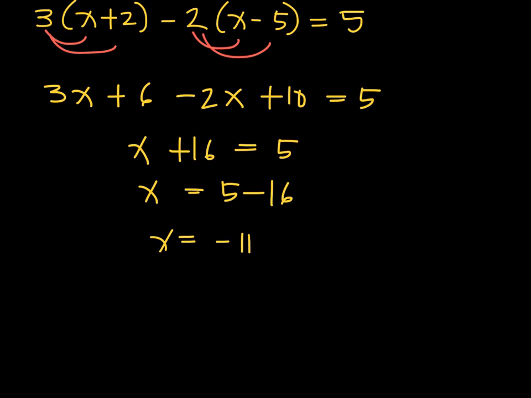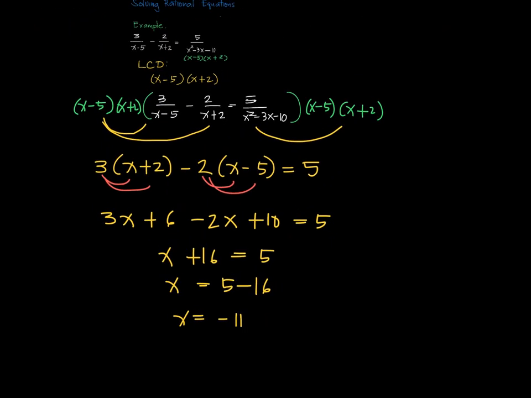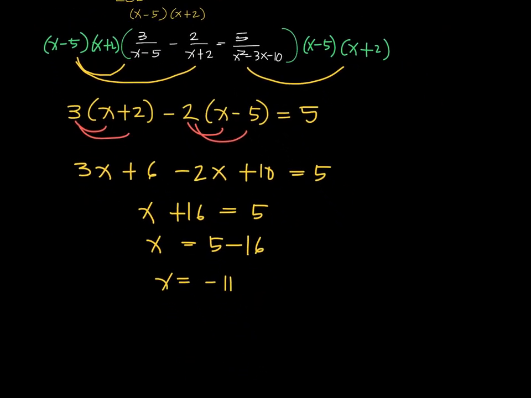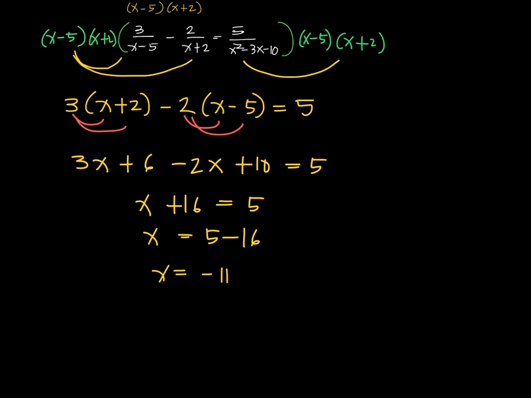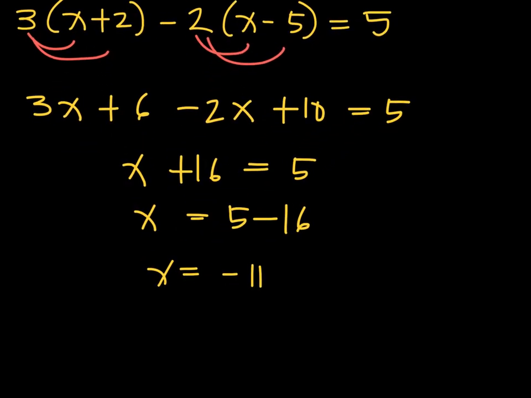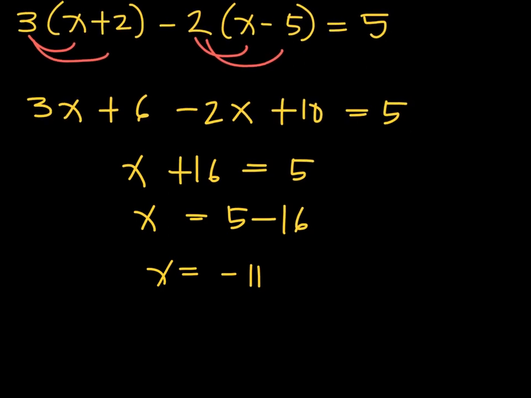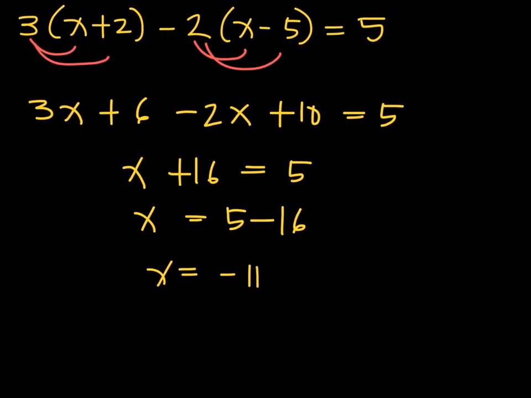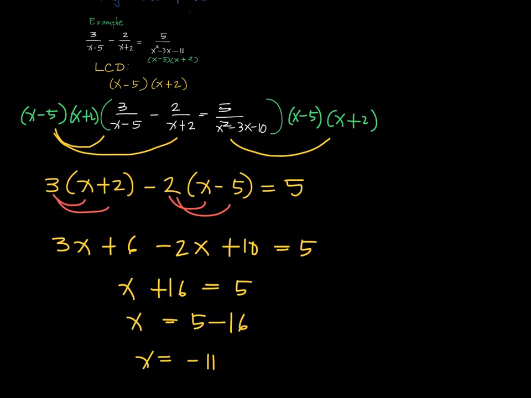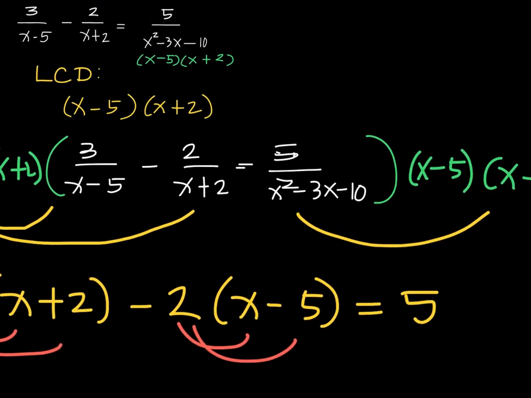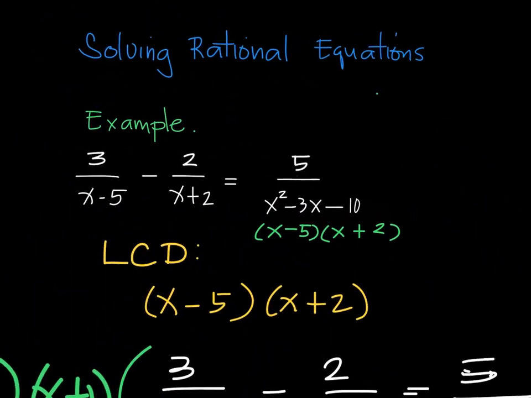Now, since this is a rational equation, it is very common that when you compute for a value of x, you must keep in mind that there are some restrictions in the given rational equation.